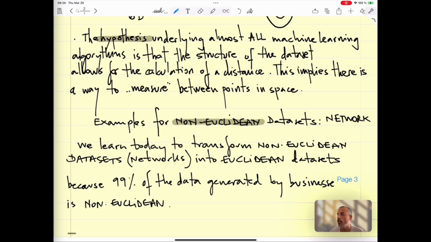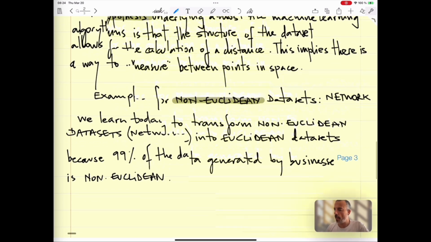So in order to implement the statistics into businesses, you will need to create this transformation. Okay? So let's see, what is a network?